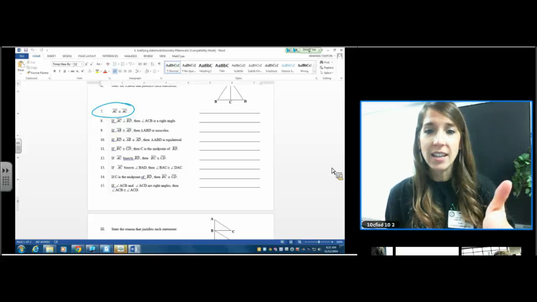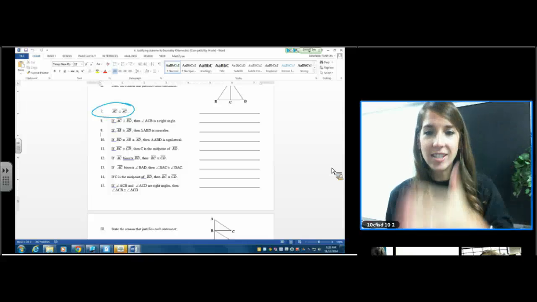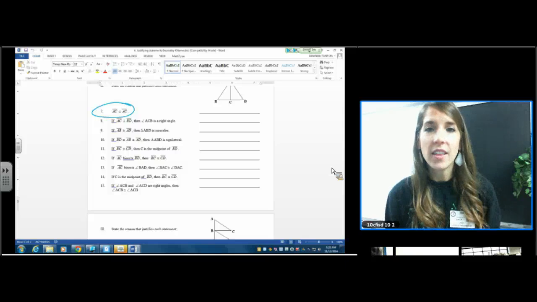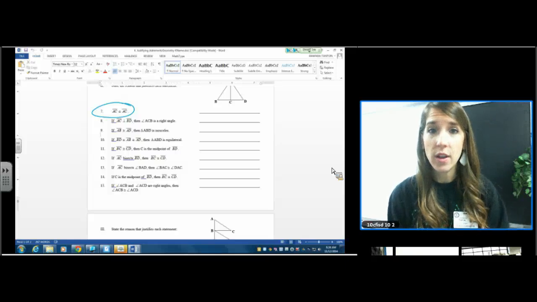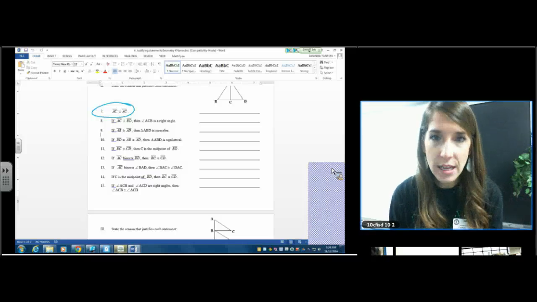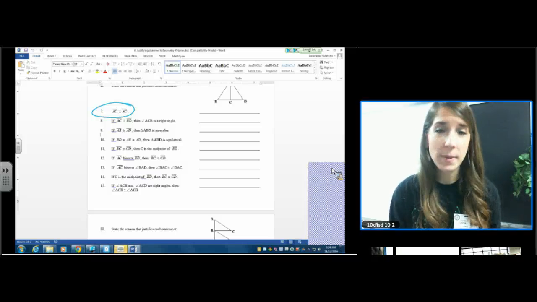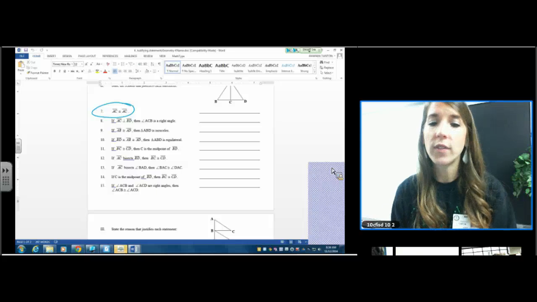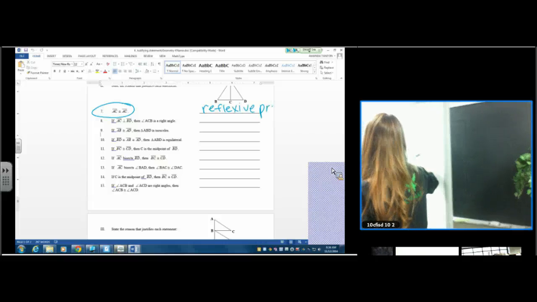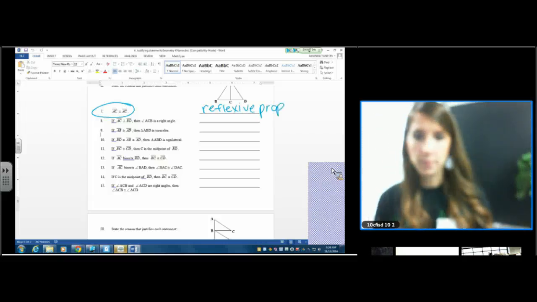Look at AC. AC is looking in the mirror and seeing AC. AC is congruent to AC. It's just saying that a segment is congruent to itself. You are congruent to yourself in a mirror. So it's the reflexive property. Don't put reflective just because I gave you that example. Reflexive property. And we're going to use this one a lot, so get used to it.